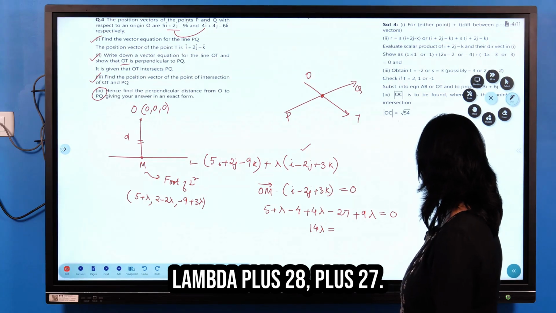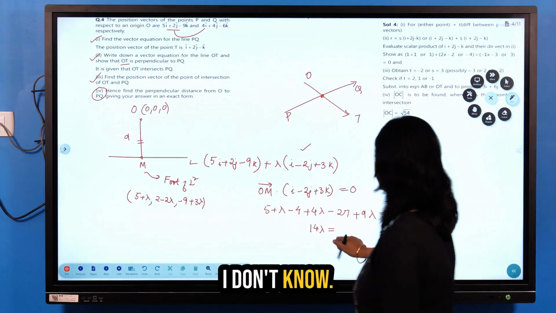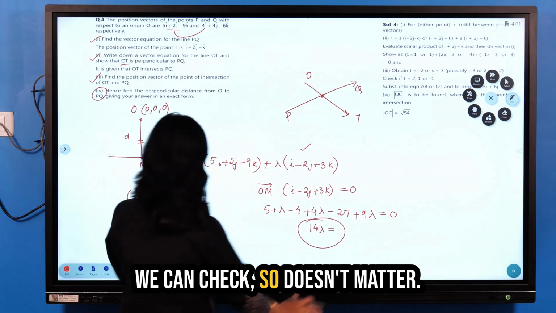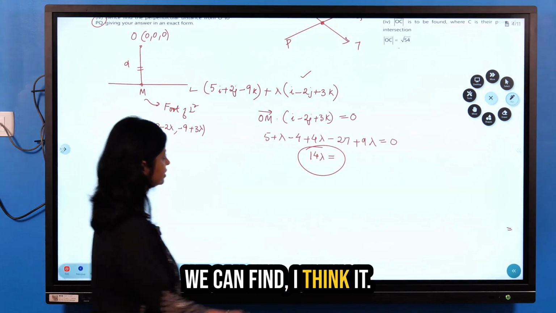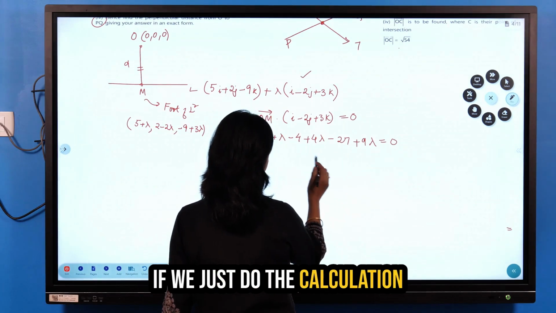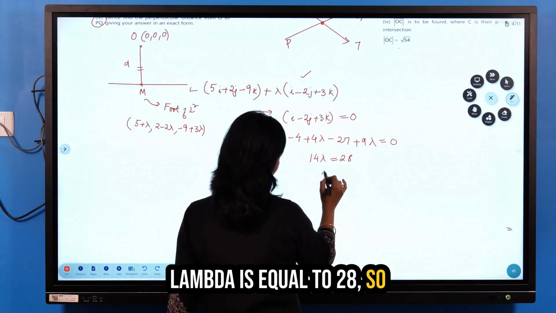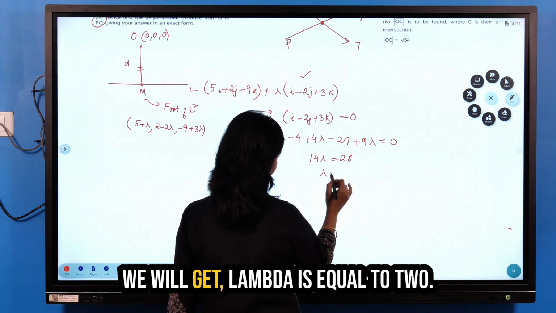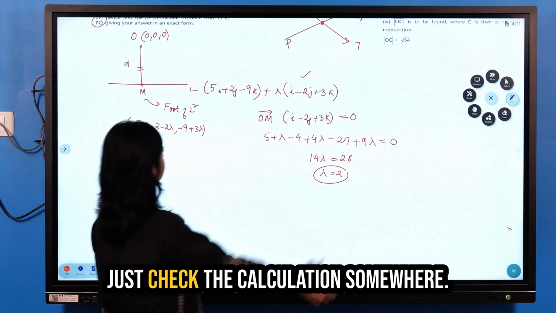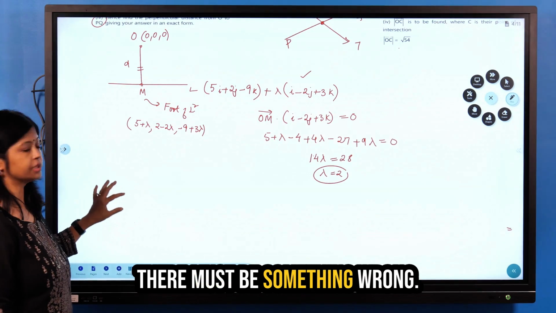I think if we do the calculation correctly, we'll get 14 lambda is equal to 28, so lambda is equal to 2. There must be something wrong, so let's check the calculation.